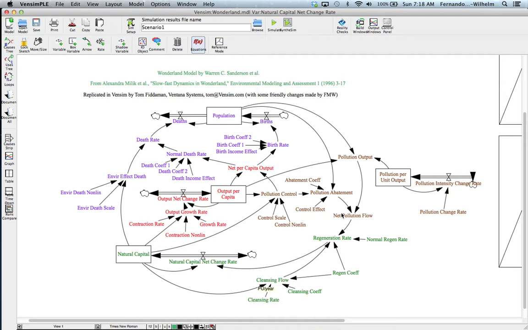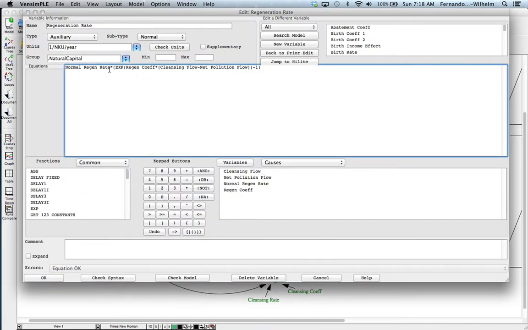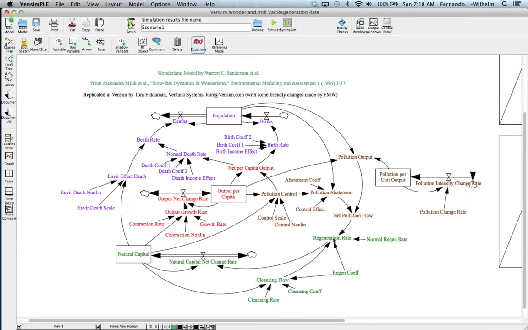Those are the two counteracting flows, and of course the pollution flow provides a link to the next stock, the pollution stock. If you go to the regeneration rate, you'll see this is the exponential equation that appears in the paper.